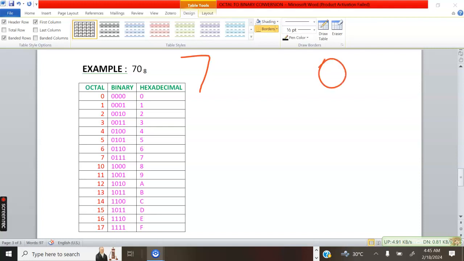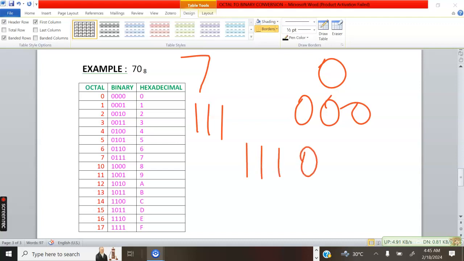The conversion for 7 is 111, that is from octal to binary, while for the 0 is 000. Having that, you combine the numbers. So we will have 111000.